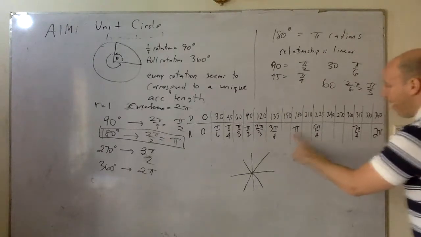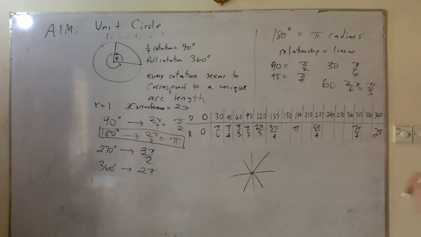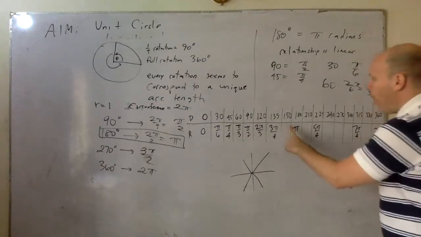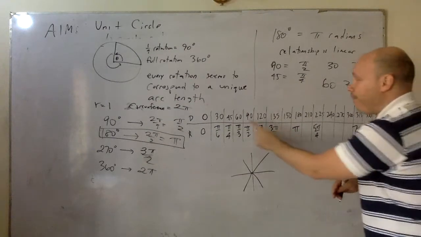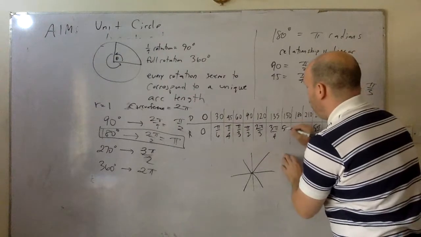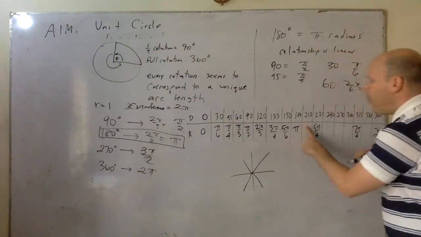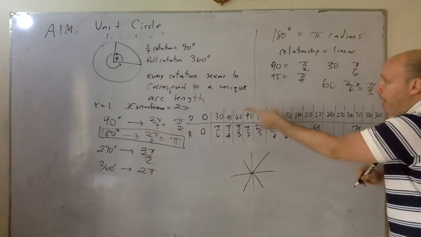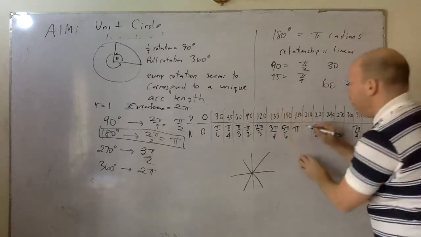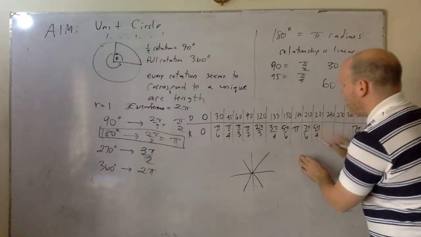So, because 180 is pi, 360 is 2 pi. 150 is 5 times 30. 210 is 7 times 30, 7 pi over 6.